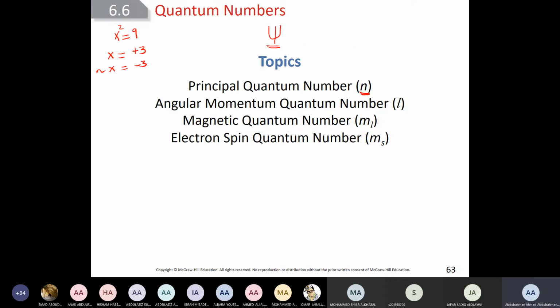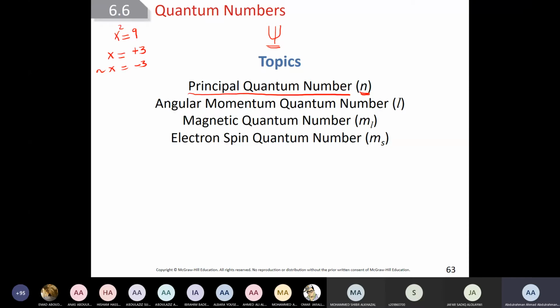Okay, first, before we go, I want you to look at this slide and sit down today and memorize everything in it. What's the name of this n? We already talked about this many times.